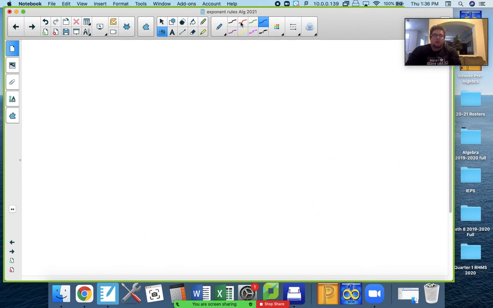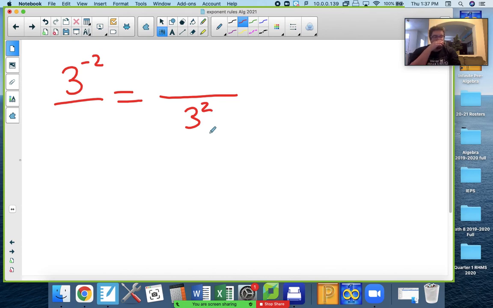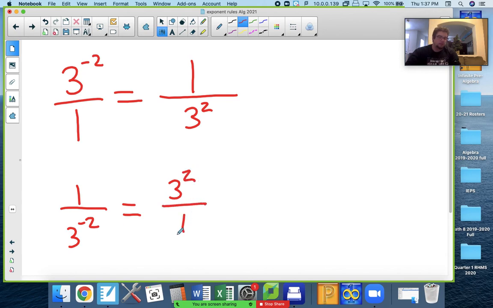Big thing to remember about negative exponents is if they're negative on the top of the fraction, we move them to the bottom to become positive. If they're negative on the bottom, we move them to the top to become positive.